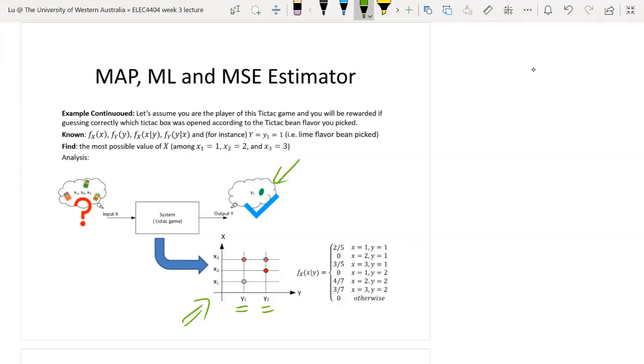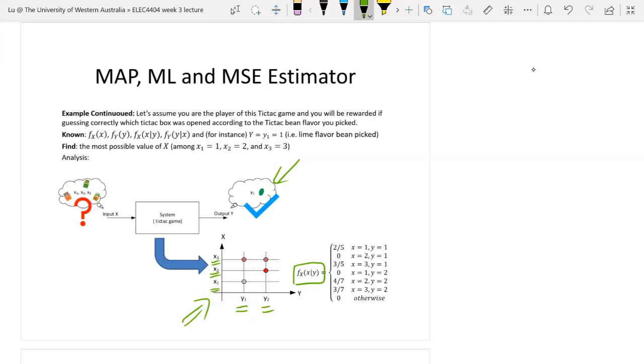And regarding X, we have 3 possible values. So X1 equal to 1, this means you got the green box. X2 is 2, which means you got the orange box. X3 is 3, which means you got a mixed box. Okay, these are just the conditions we derived from this question. And what we are doing regarding this analysis is actually such distribution. So you can observe why we want you to make your final decision based on the PMF of the X.